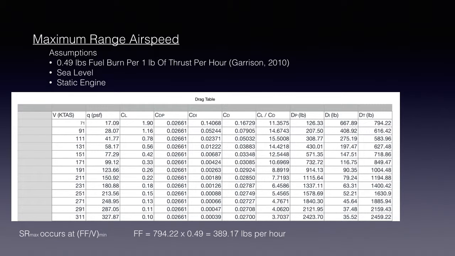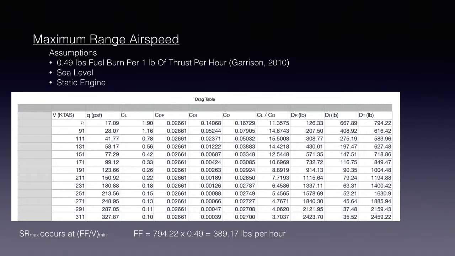So the total drag here is 794.22, and we know that to offset that drag total, we need thrust required, which is going to equate to 794.22 pounds of thrust. So with that in mind, we're going to multiply that by the fuel burn rate for each pound of thrust, and we come up with a figure of 389.17 pounds per hour.